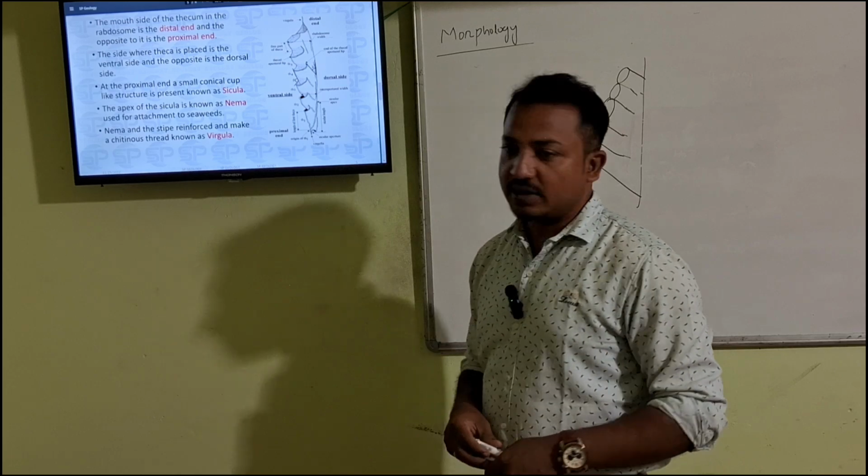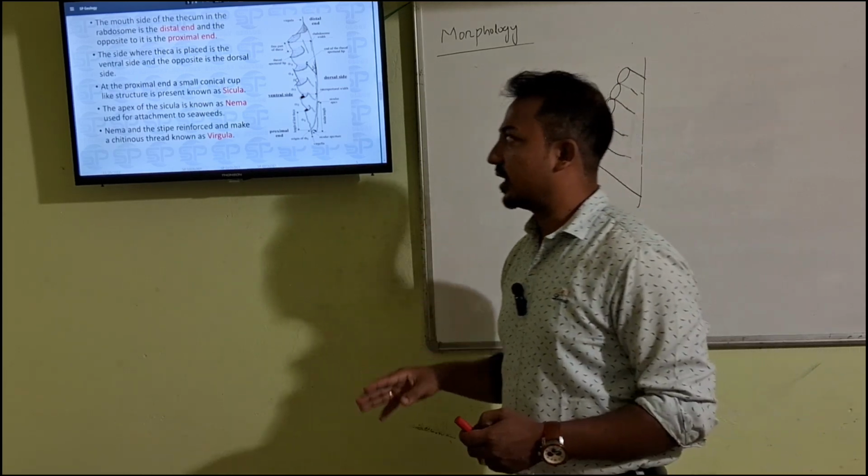This complete colony is called the rhabdosome. The side where the theca is placed is called the ventral side, and the opposite is the dorsal side.